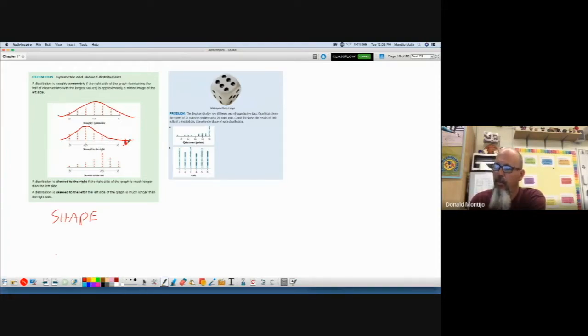This is an example of right skewed. And same for the one down bottom. This is an example of a data set that is left skewed. So these dot plots will give us shape. Its shape is either symmetric or skewed.